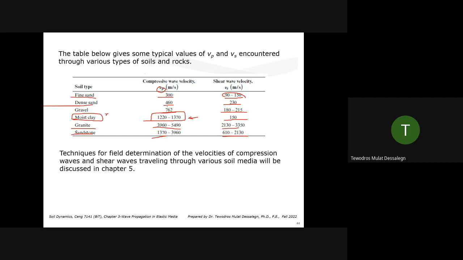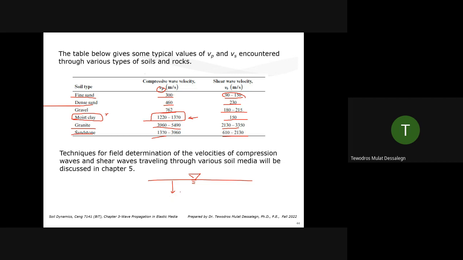So try to have a feel of how different kinds of soil have different shear wave and P wave velocities. Normally, as you go deeper into the surface of the Earth, if this is the ground, rigidity or elastic modulus increases.